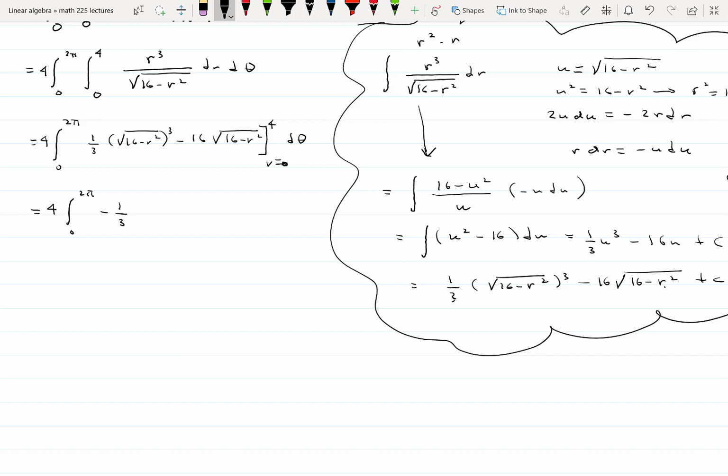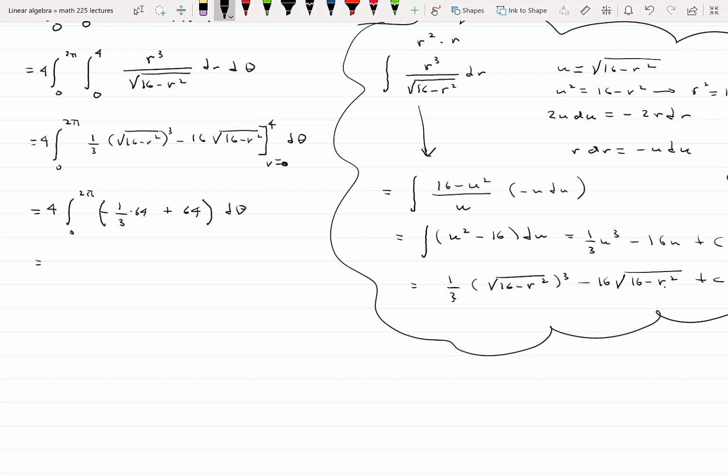So I'm going to get minus 1/3 times 64, and then plus 64. And it's plus because I'm subtracting. So I think this is okay. Yeah, it is okay.